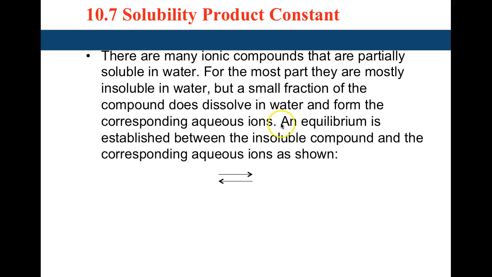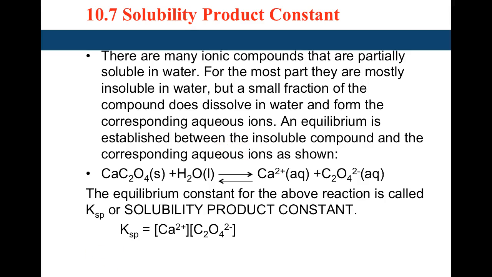And so there is an equilibrium that is established between the stuff that is not soluble and the ions that are soluble. Like here, you have calcium oxalate. The solid stuff is dissolving into the water. A little bit of it is splitting up into 2 halves, the calcium and the oxalate. But most of it is remaining insoluble.